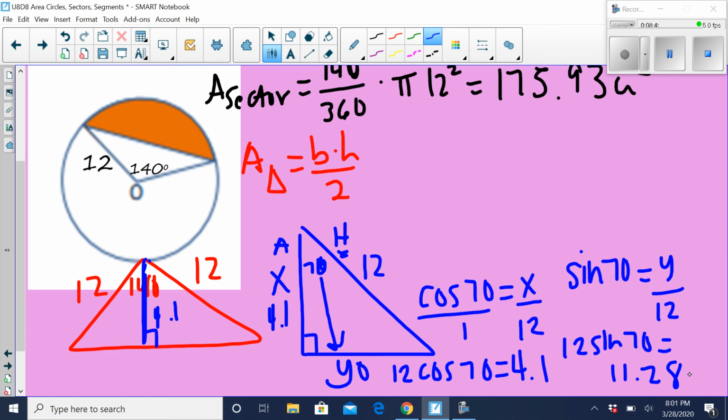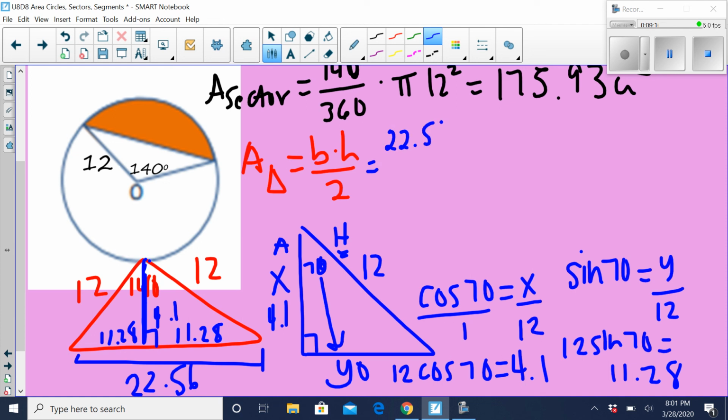Now 11.28 is going to be this bottom piece, but it's also over here. So when I want to calculate the full base of this triangle, I need 11.28 plus 11.28, which gives me 22.56.